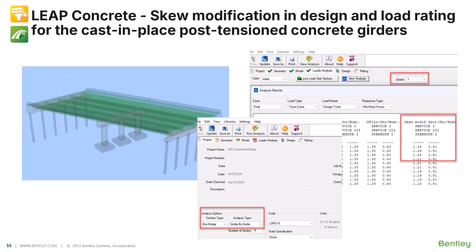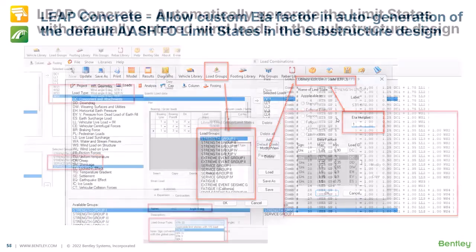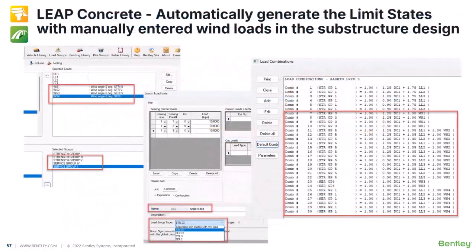So the skew modification factor is being accounted for. The eta factor as well in the limit state for the substructure design, one more time, being accounted for and being able to specify that. Right? And then generating limit states when you enter the wing load manually in the substructure design in LEAP Bridge Concrete.